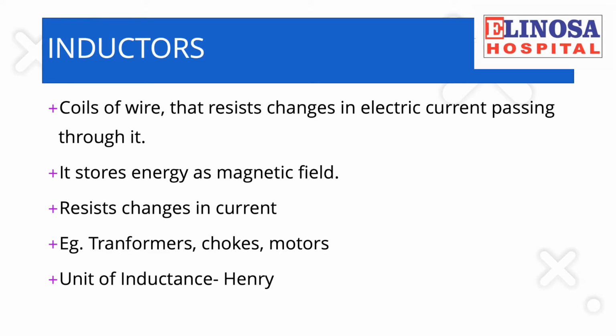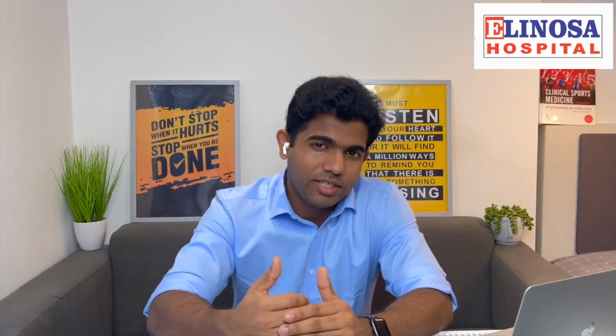It is used to store energy as a magnetic field, whereas a capacitor stores energy as an electric field or electric potential difference. The SI unit of inductance is the Henry. It is used in transformers, chokes, and different motors, etc.